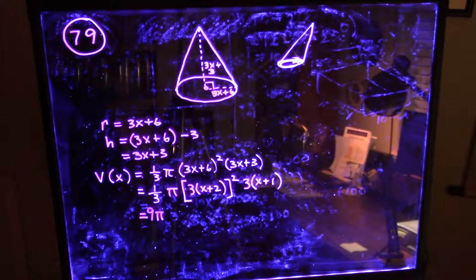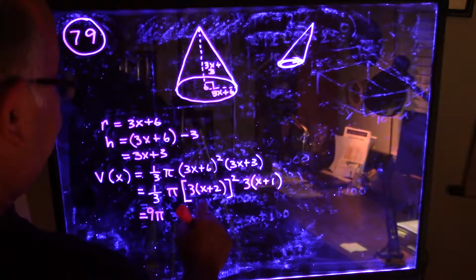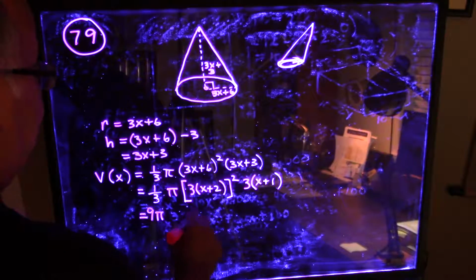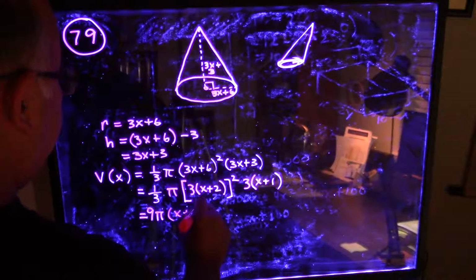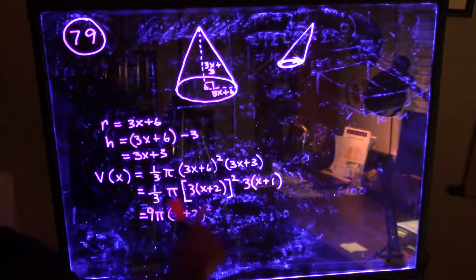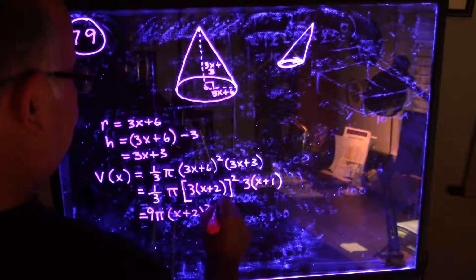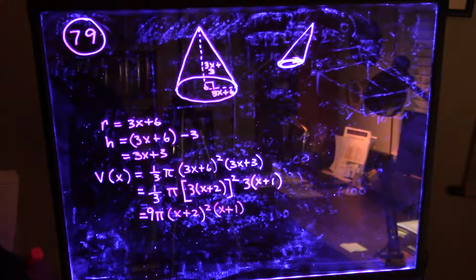So 9 pi. And then what do you have left? The x plus 2 quantity squared, and then the x plus 1. Remember, we moved the 3 over here, so that's gone.